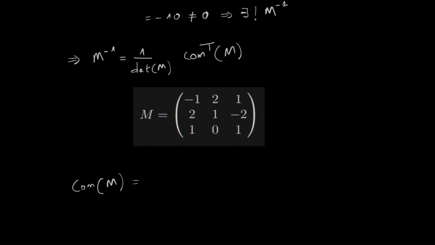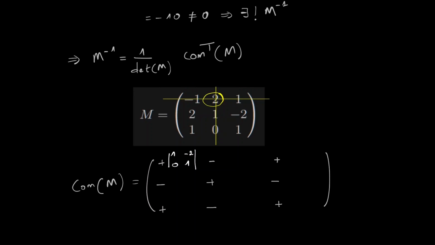First, we apply the alternating plus minus signs for each position. Then we must find the 2 by 2 minor determinant for each position. We eliminate the first row and the first column. Then we have to calculate the determinant of this small matrix.